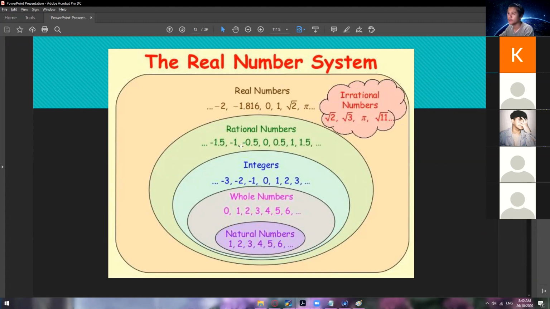And then for rational numbers, ito na yung may decimal. So all of those are real numbers. So ano yung hindi lang real number? Ang hindi lang real number is yung may imaginary number. So other than that, everything is real number.